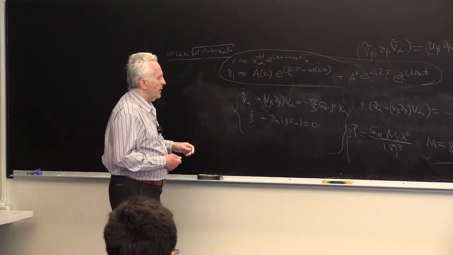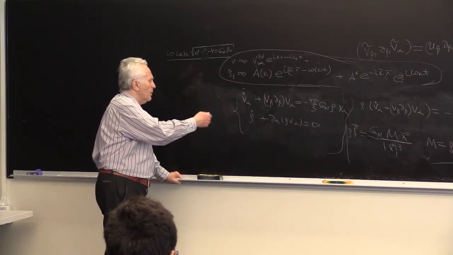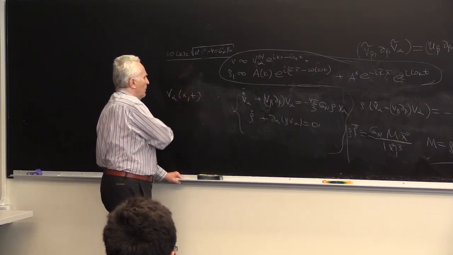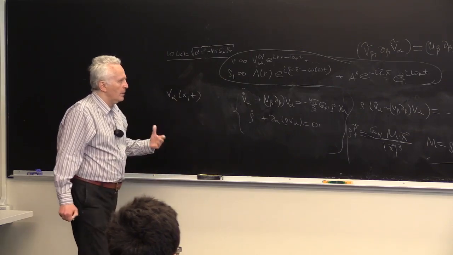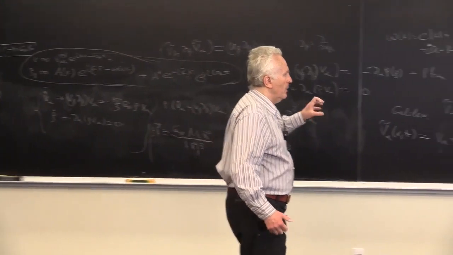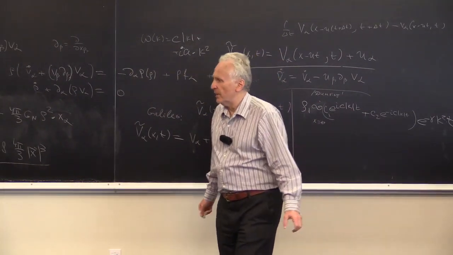So in what form do we want to look for the solution V alpha of x and t? What kind of guess we have to make and then check whether it is consistent with the equation?